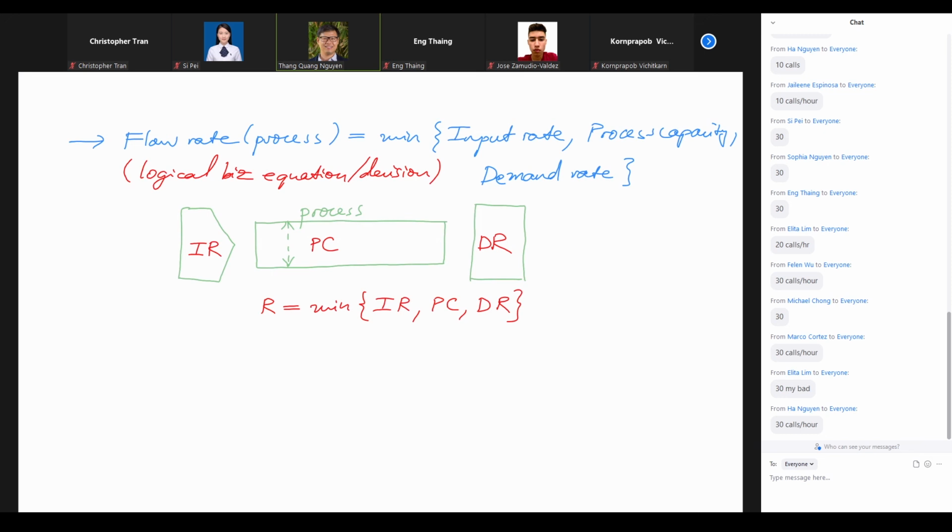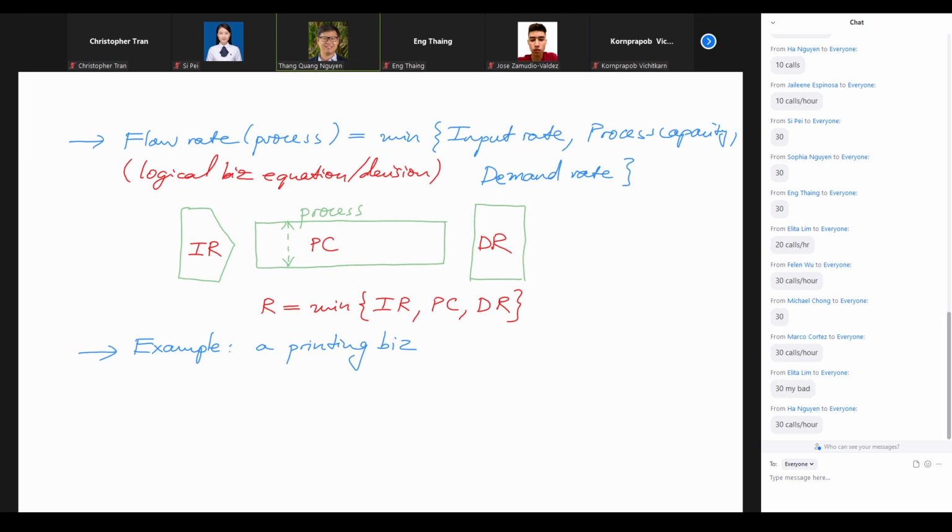Why? Let's look at this equation through one example. Let's talk about a printing business, okay? We do not have this in the slide, so it's just an example that I give you.